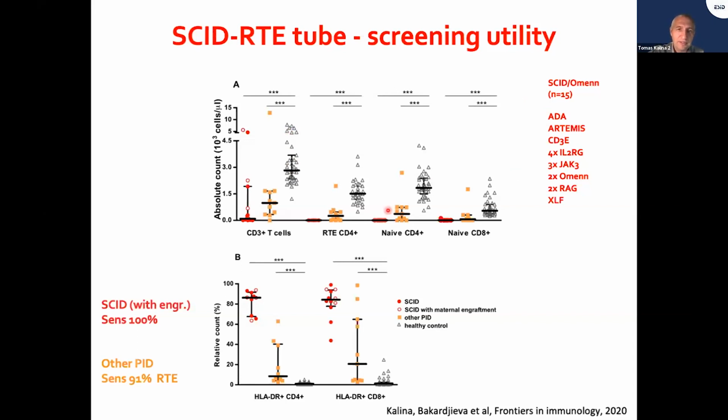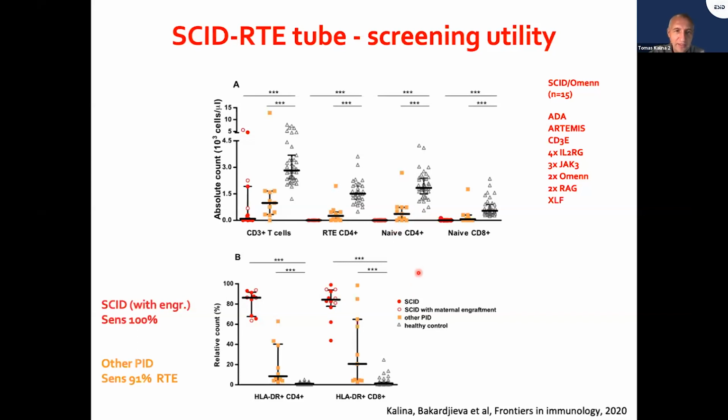But what is important is that when we look at the most clear marker that allows us to make a diagnosis, the activated HLA-DR positive cells, and we also look at the RTEs and naive cells, then we can basically achieve 100% sensitivity with this flow assay.